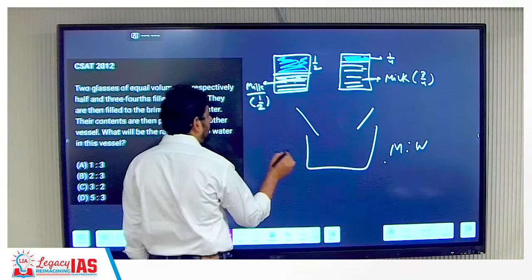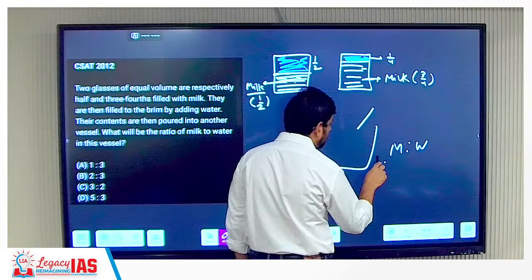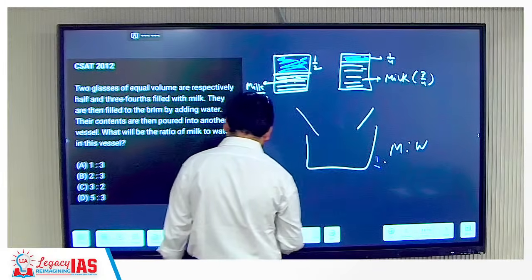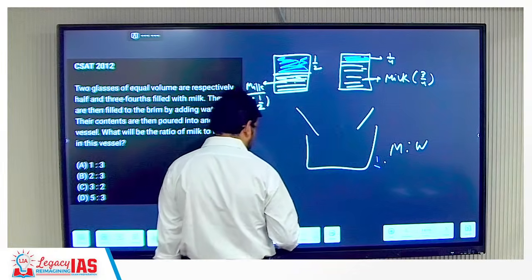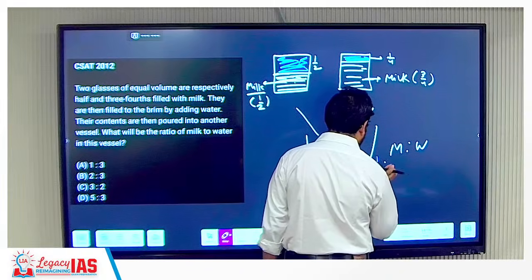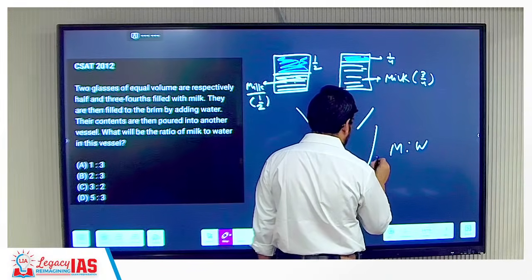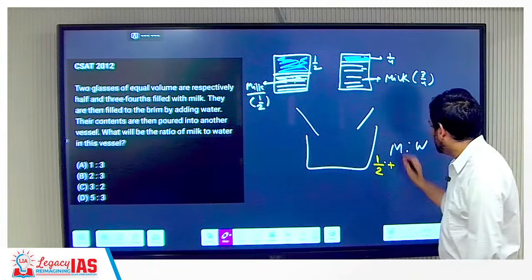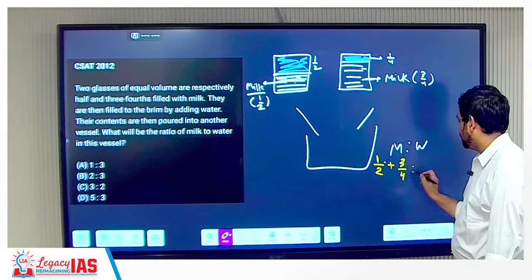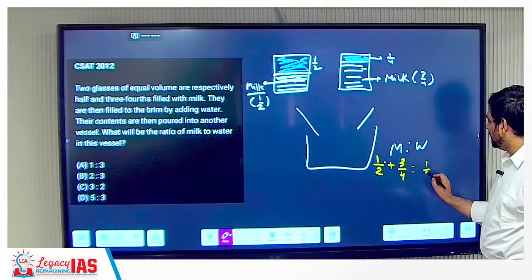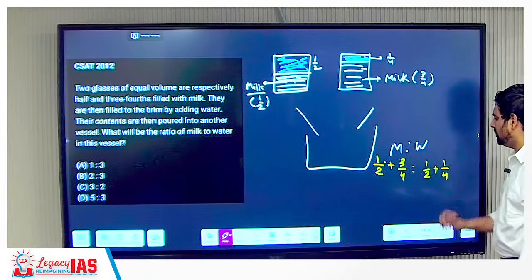So what is milk? Milk becomes half plus 3 by 4. Water becomes 1 by 2 plus 1 by 4.